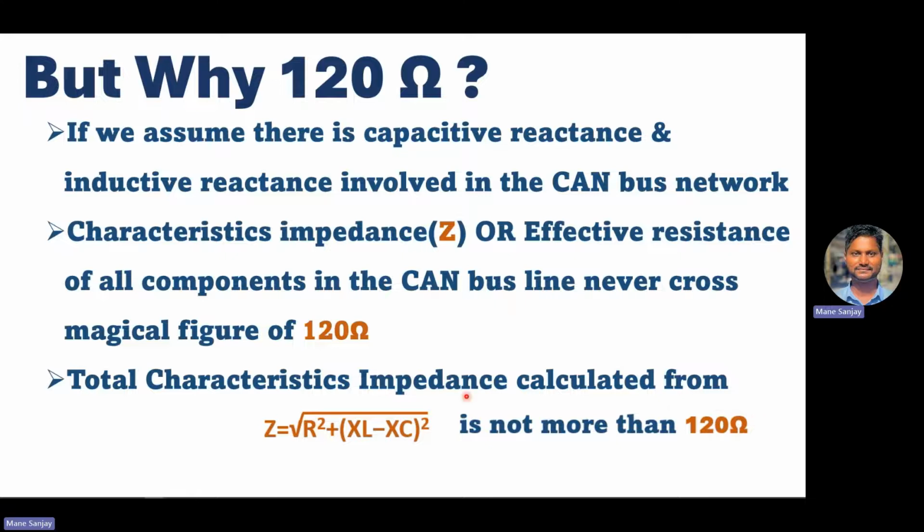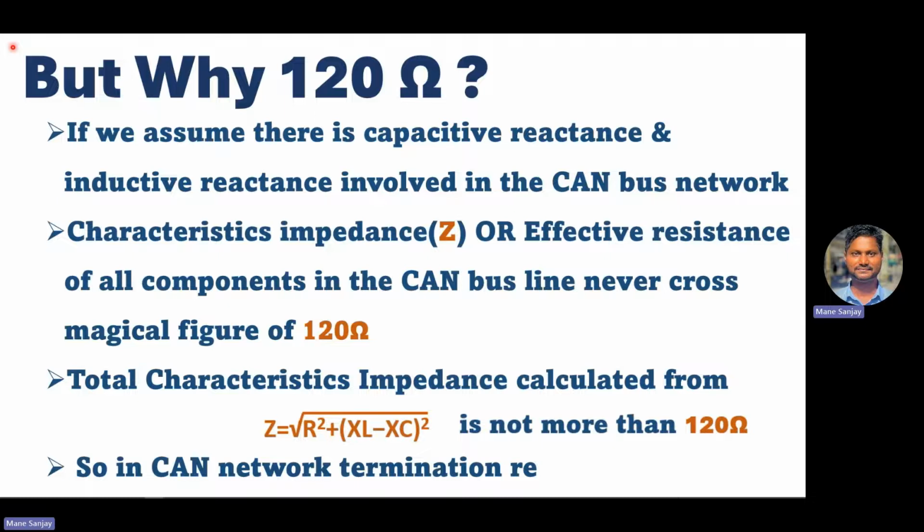That is the best calculation considering the worst case scenario. And that is why, in the CAN network, the termination resistance is 120 ohm. I hope now it is super clear why we use 120 ohm, why not the other value?